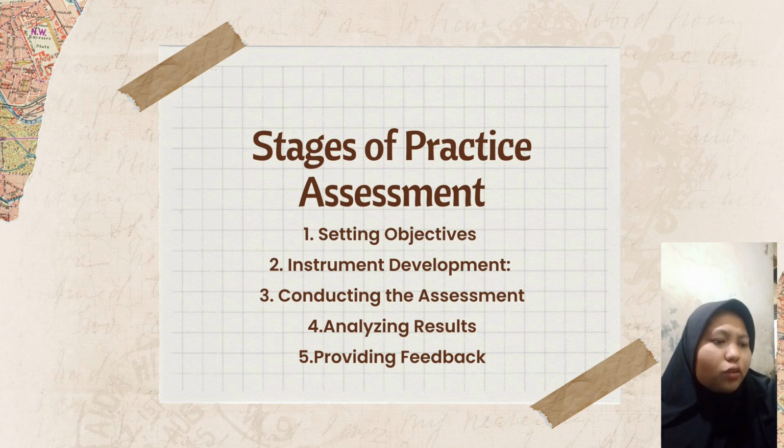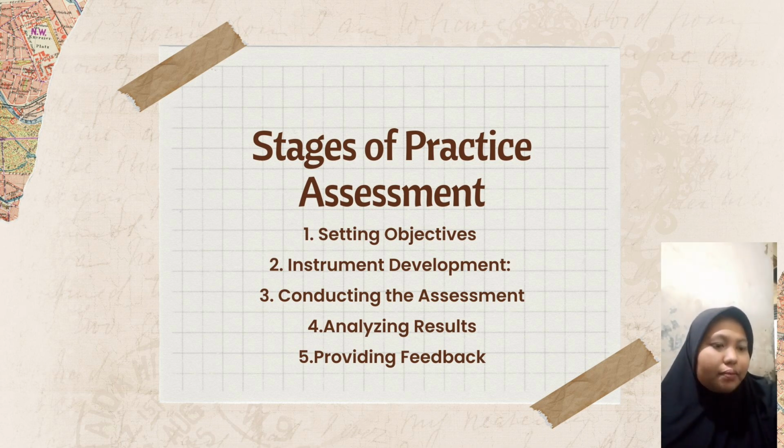Two. Instrument development. The next step is to create appropriate assessment tools. This can include tests, evaluation rubrics, or even simulated conversation. Examples of practice assessment instruments are listening proficiency test or LPT, oral proficiency interview or OPI, reading proficiency test or RPT, and writing proficiency test or WPT. Three.